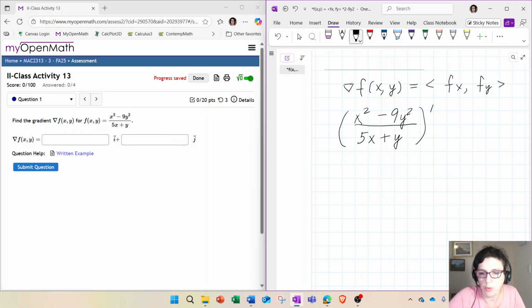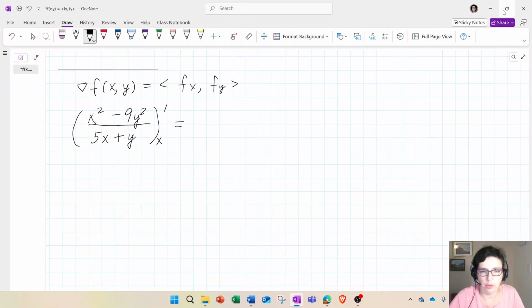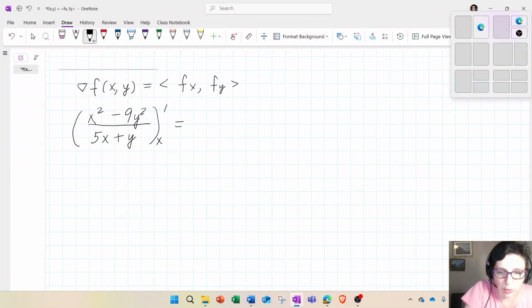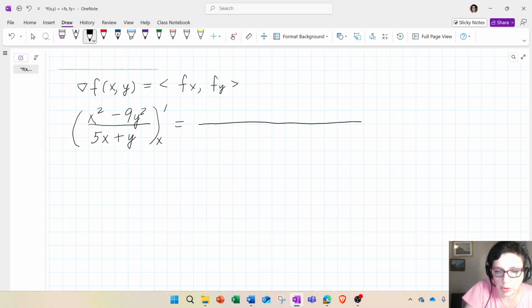All right, so for quotient rule, if we're doing this with respect to x, so what do we do? So let's go ahead and do that. For quotient rule, we are going to square the bottom. So remember that the bottom gets squared. And then in terms of the top, first we take the derivative of the top with respect to x.